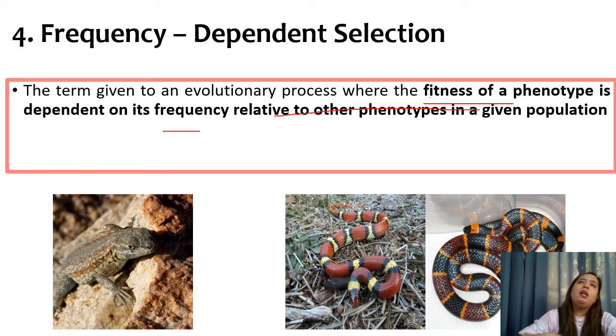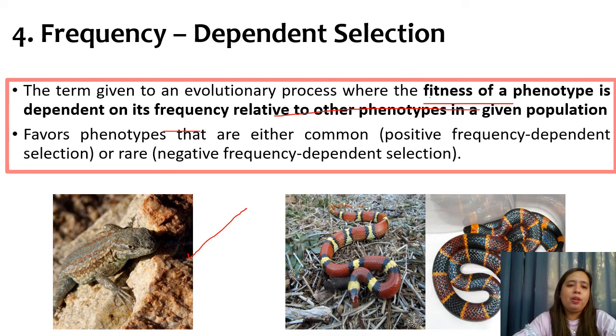So for example, we have a population of lizards. I'll give you an example on this lizard later on. It favors phenotypes that are either common, the positive frequency dependent, or rare, the negative frequency dependent.